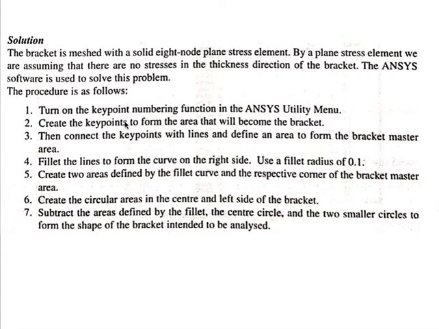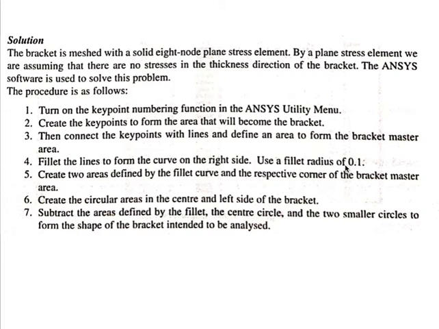First, turn on the key point numbering functions in the utility menu. Then create the key points to form the area that will become the bracket, connect the key points with lines and define an area to form the bracket master area, and then fillet the lines to form the curve on the right side.